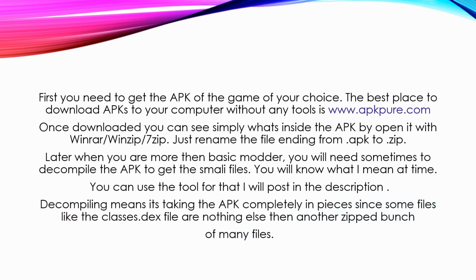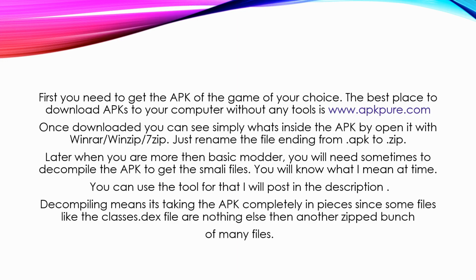So first, you need to know that you have many choices. First, there's a site named APK Pure. This site helps you download APKs directly, and once you download it, you can open it with WinRAR, WinZip, 7-Zip and other tools.